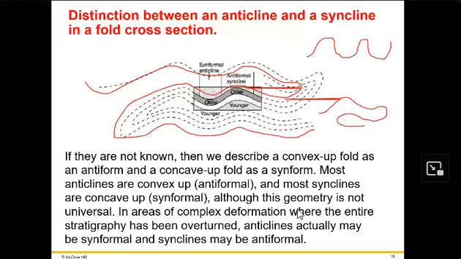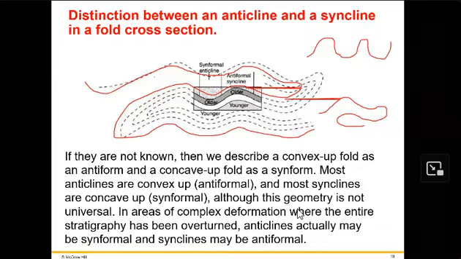An anticline because you can see that this upper portion here should be an anticline. But because it's been overturned, it's now a synform. So it's now a synformal anticline, and this is an antiformal syncline. Don't get confused. Just stay with the explanation.